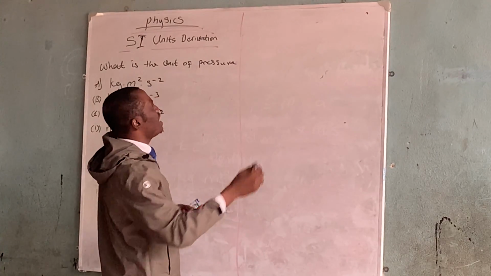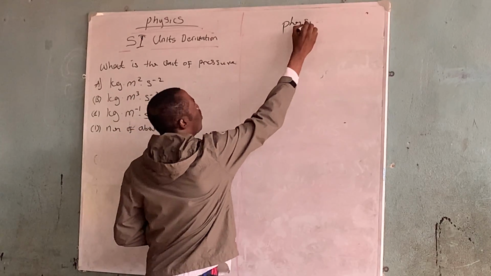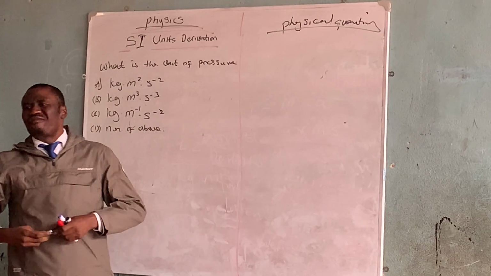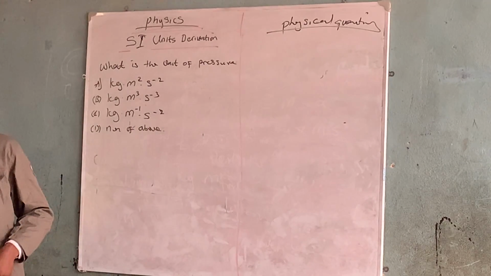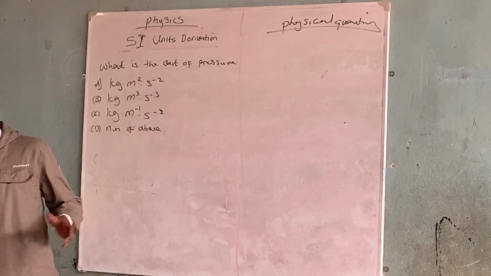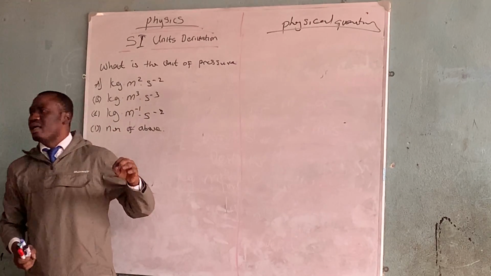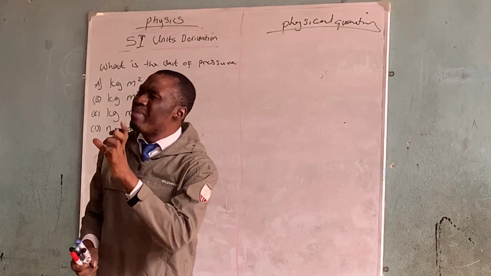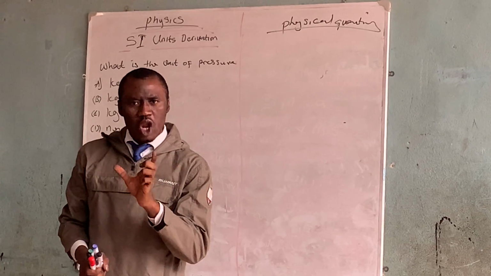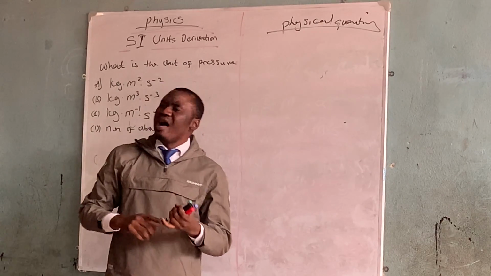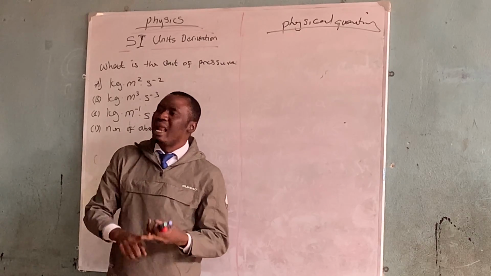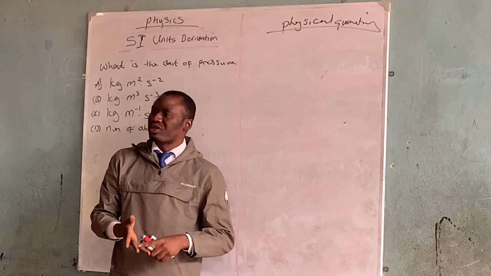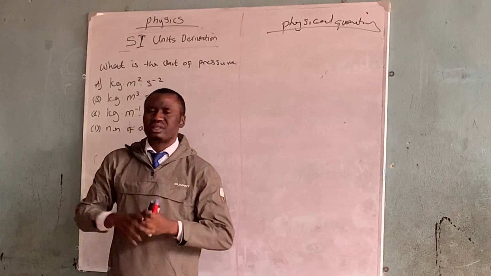The first thing to know is: what are physical quantities? In physics, physical quantities are the parameters which we use in measuring. For instance, we have area, time, length, velocity, pressure, momentum, work done, force, and so forth.